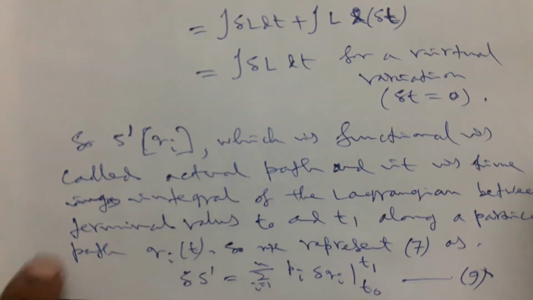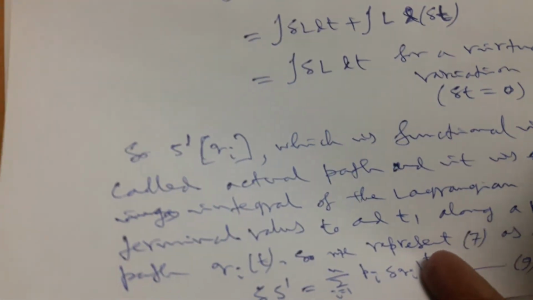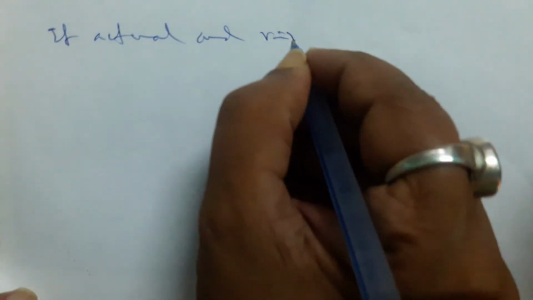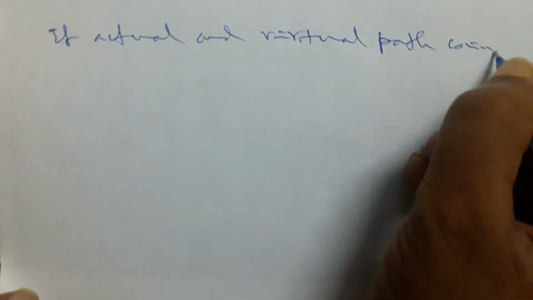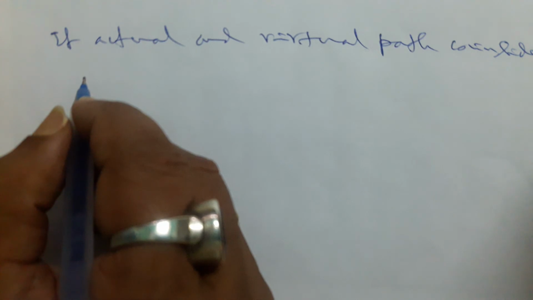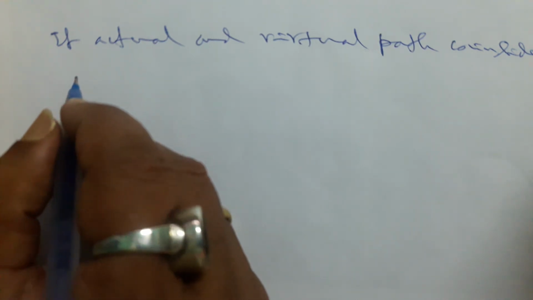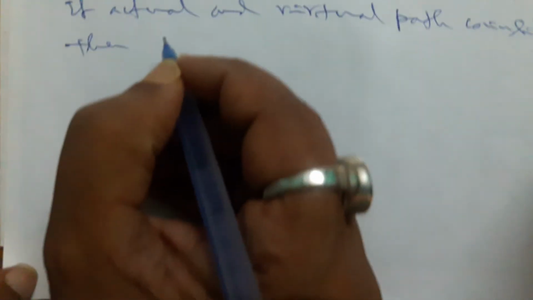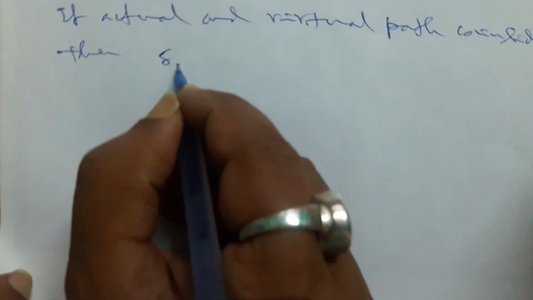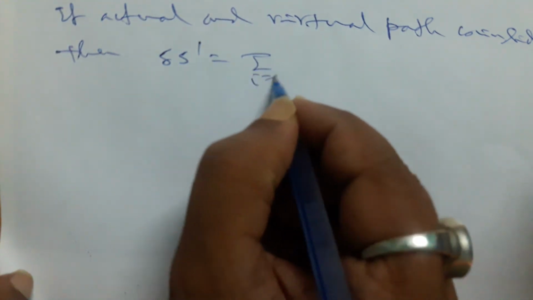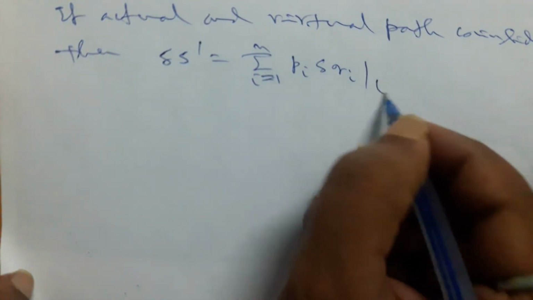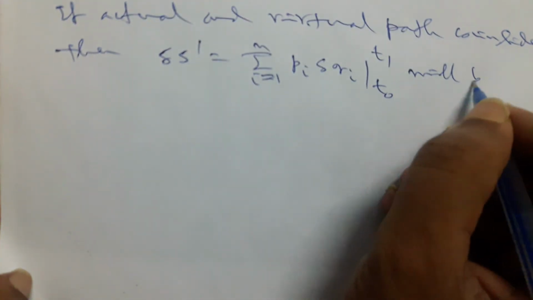Then δS dash, that will be the sum of i equals 1 up to n of pi δqi from t0 to t1, will be 0.